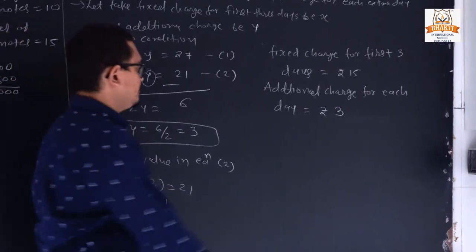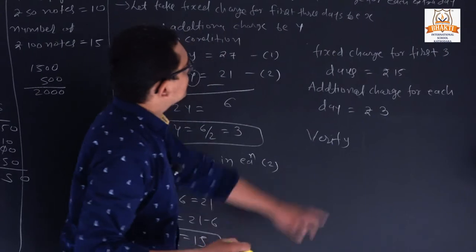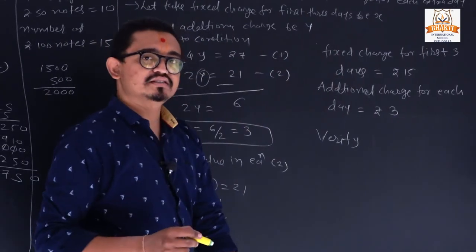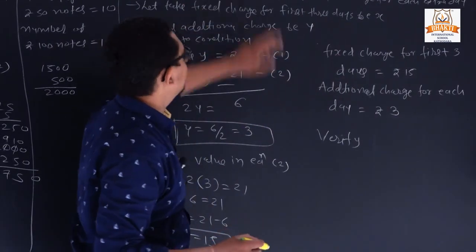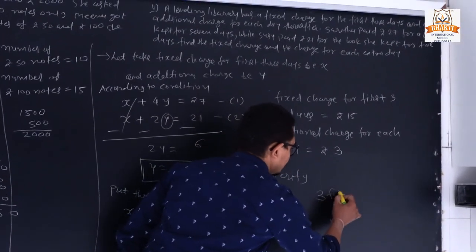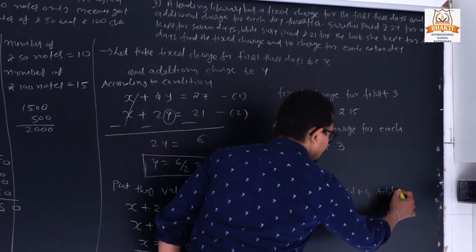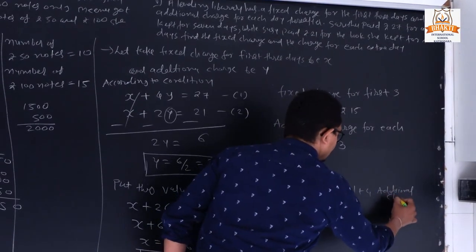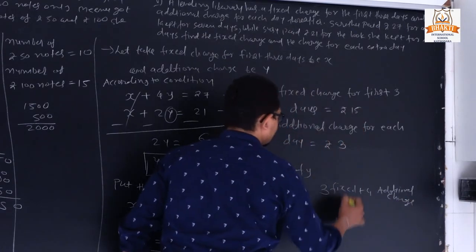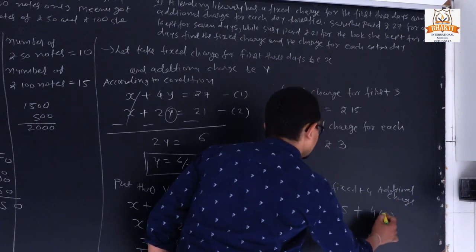Now suppose I want to verify the answer. Here Sarthi paid 27 rupees for how many days? 7 days. So 7 days means 3 days fixed charge and 4 days additional charge. The 3 days fixed charge is 15 rupees, and the 4 additional days at 3 each, 4 threes are 12.